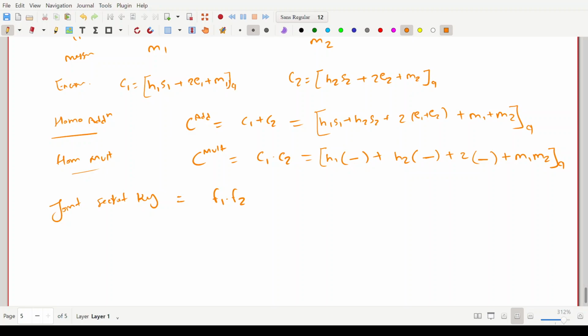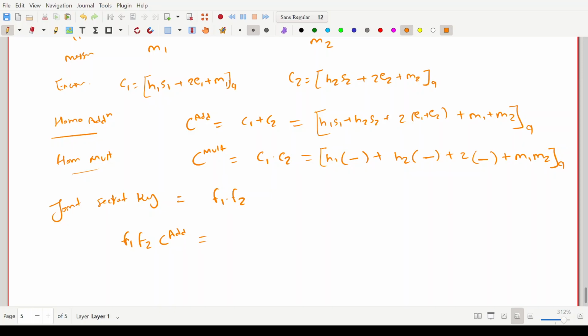How will you decrypt? What was the decryption? Multiply first this F into C add. If you multiply F1 and F2 with C add, you observe this H1 part, taking F1, and F2 outside for the first one.